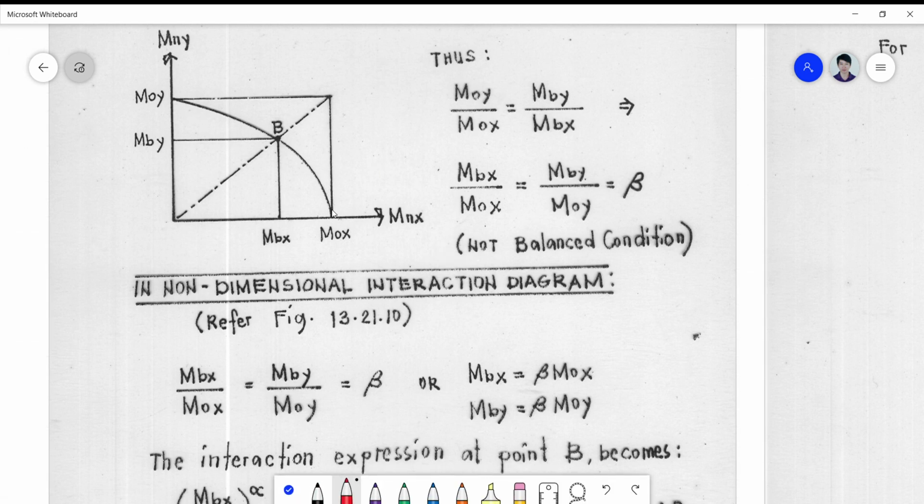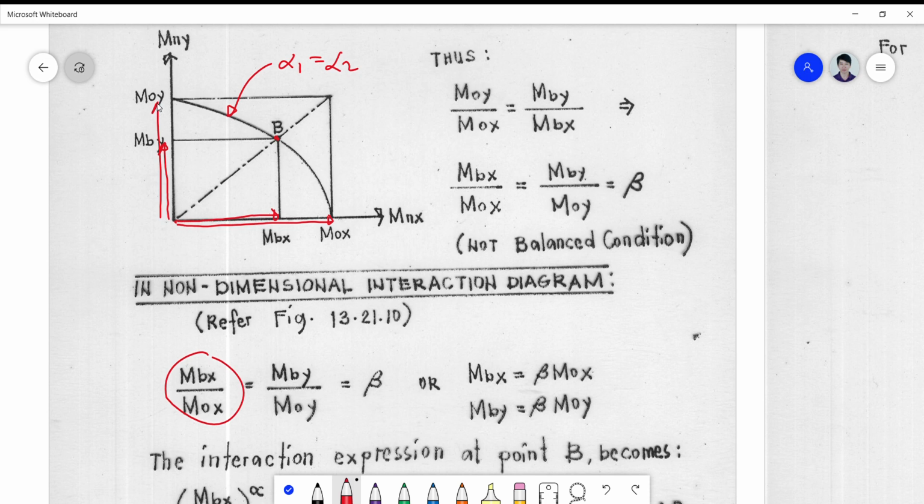So, in a load contour, whatever is your alpha, but normally alpha 1 is equal to alpha 2, he defined a point B, okay, such that the ratio of your MBX, this ratio here, the ratio of this value with this value here, so the ratio of this with this is equal to the ratio of this with that.